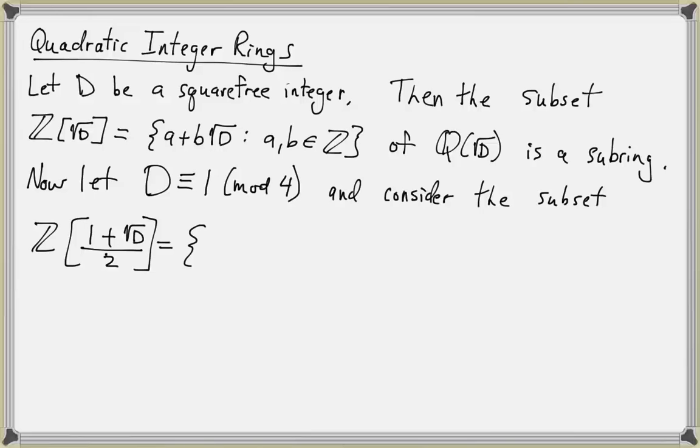So now this is the set of all A plus B times 1 plus square root of D over 2, where A and B are integers. It's actually true that this subset is also a subring of Q adjoining square root of D.